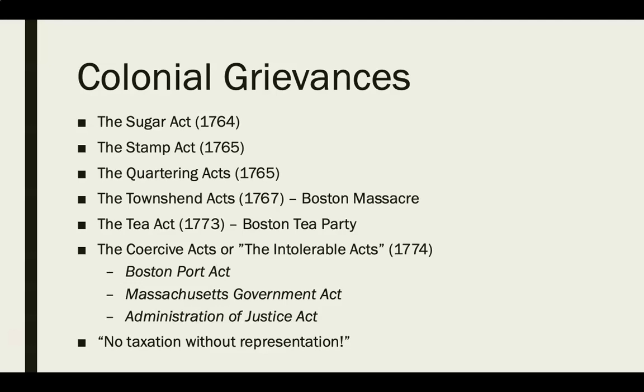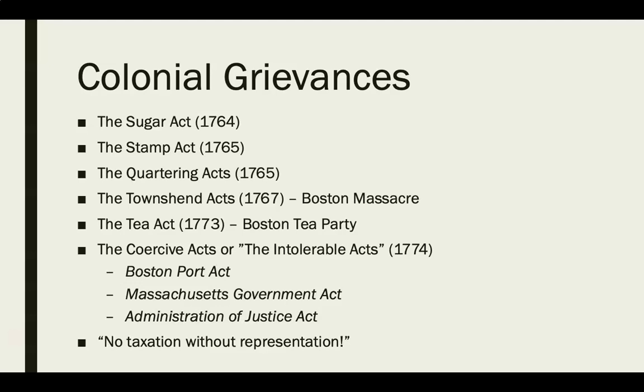So the first thing that we see is the Sugar Act in 1764. Like I said, Great Britain decided, I think it'd be fair if the colonists pay for some of the war debt, because we did help them, we did protect them from the French and the Native Americans. So they enacted a tax on sugar in the colonies. And then they did the same thing with the Stamp Act.